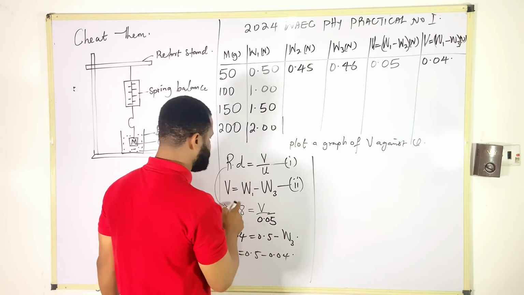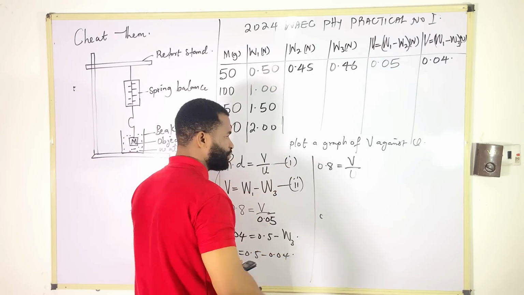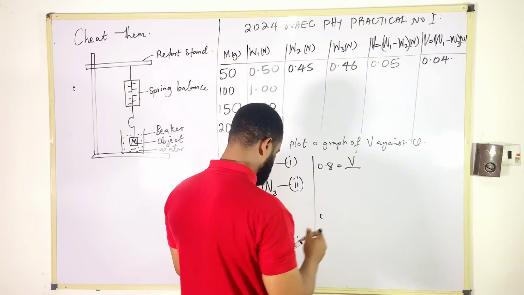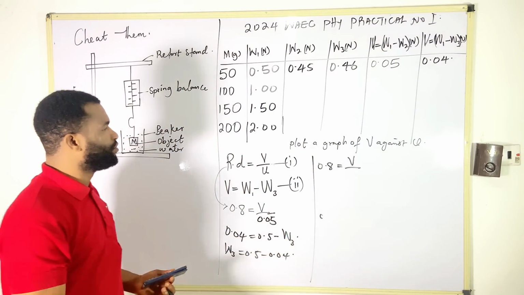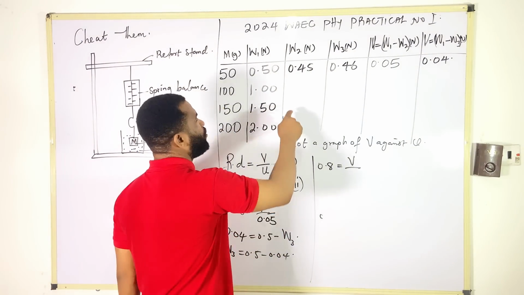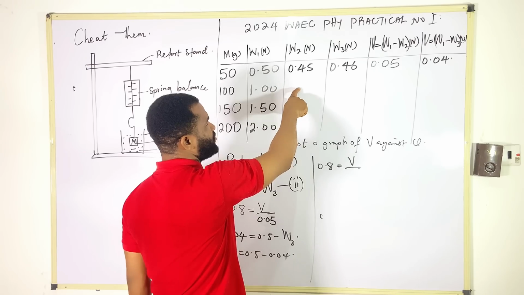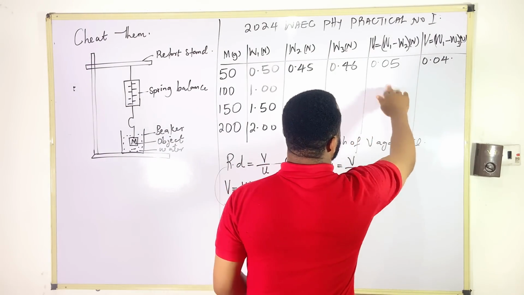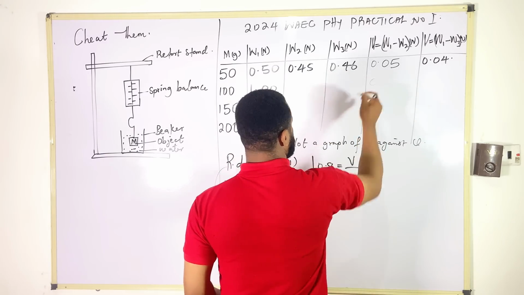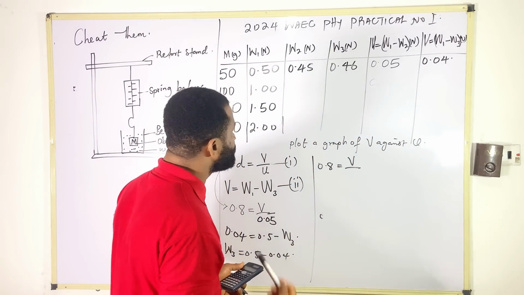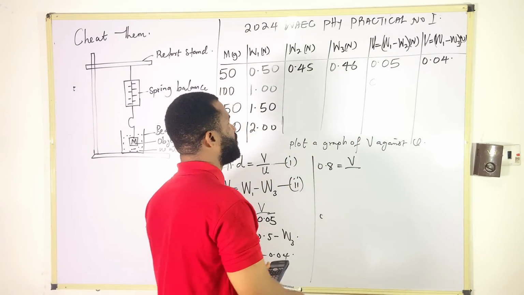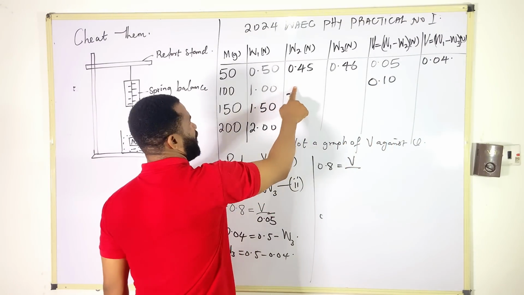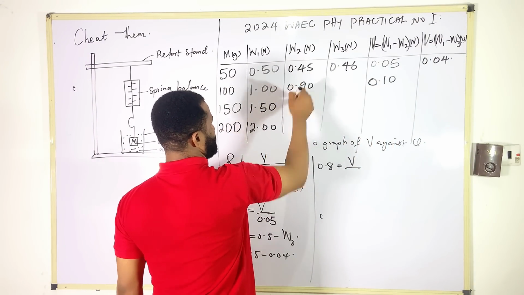So remember, I will still go with this first formula. So this is U. What I will do is, I will call this place 90, 0.9. Now, 1.00 minus 0.9 is going to give me 0.1. So I'm going to have 0.10 here because I'm calling this one 0.90.